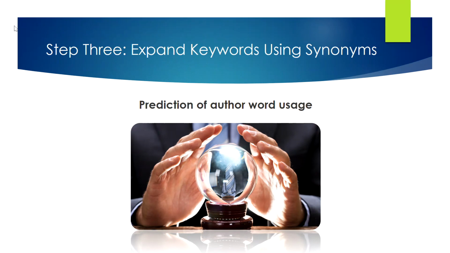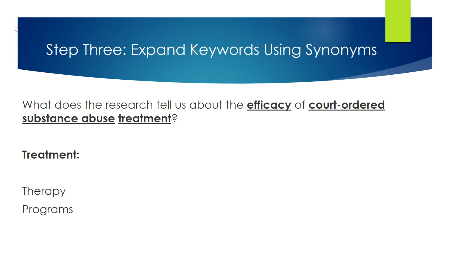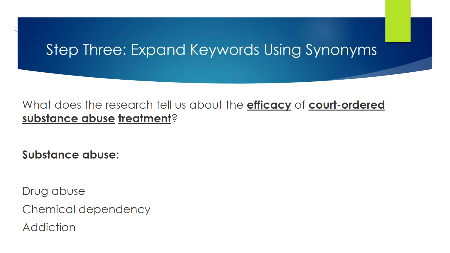Because if we go into the database with just those 4 terms, while we will probably find a few articles that are on point, let's say going back to our initial examples, let's say we use substance abuse in our search, but the authors of many of the articles don't use the term substance abuse.